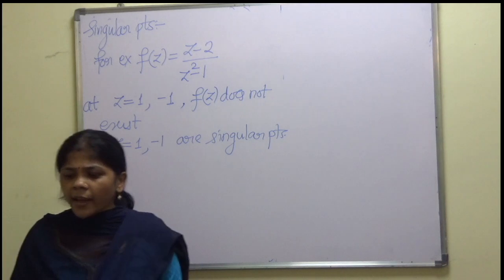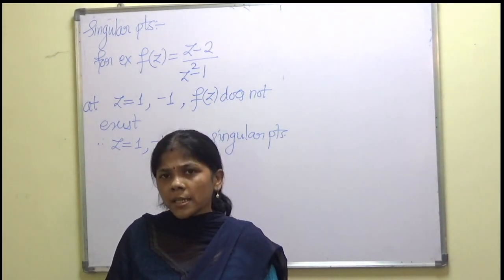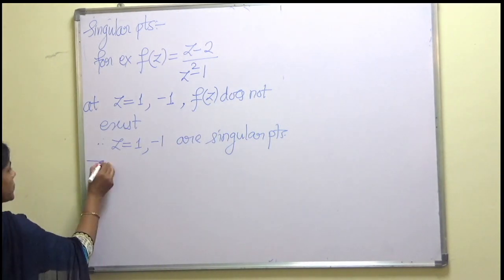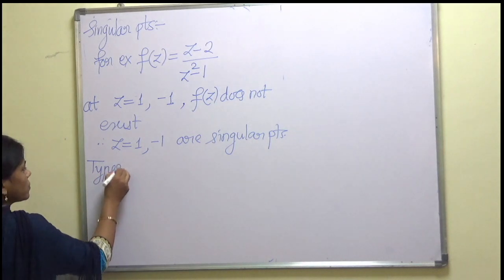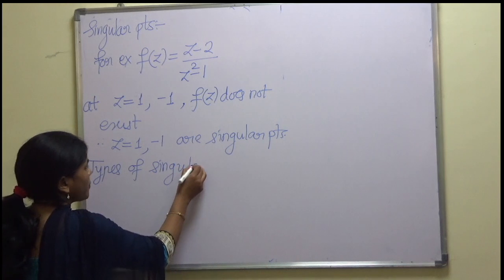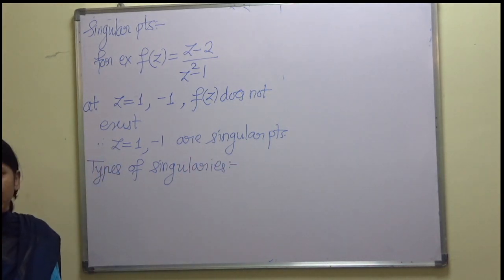Now let us have the next topic, that is the types of singularities. What are the types of singularities? There are three types of singularity.